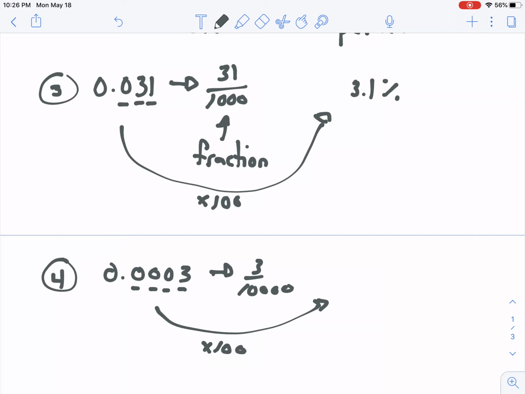Well, when I times it by 100, again, I move my decimal place 2 places over, and I'm getting 0.03%. So that is actually a percentage, and we just have to be able to understand that we can have very small percentages of something.